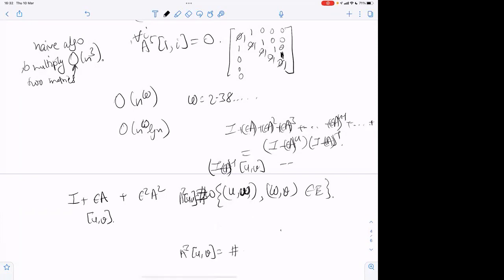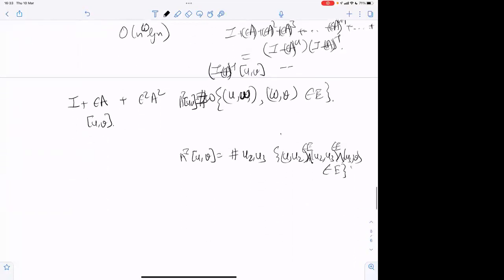It is equal to the number of U2, U3 such that (U, U2), (U2, U3) and (U3, V) belong to E. Correct? Do you agree? Yes, sir. And so on.